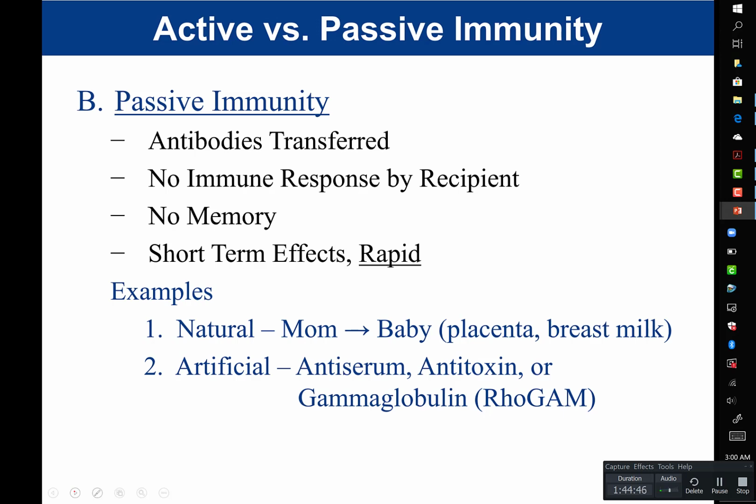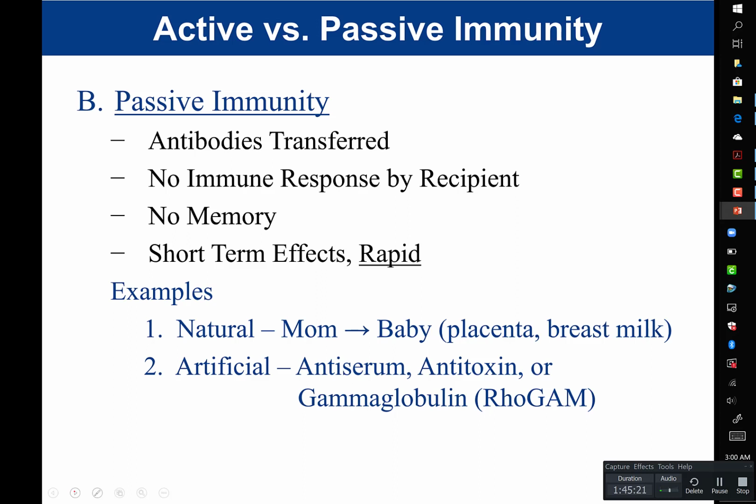Now, it doesn't help the baby to become immune to that antigen, but it's going to fight off the infection without the baby's immune system having to produce those antibodies, because babies' immune systems are not functioning properly and they're not able to function in the way that an adult immune system would be. We also have artificial passive, meaning that we introduce antibodies artificially.